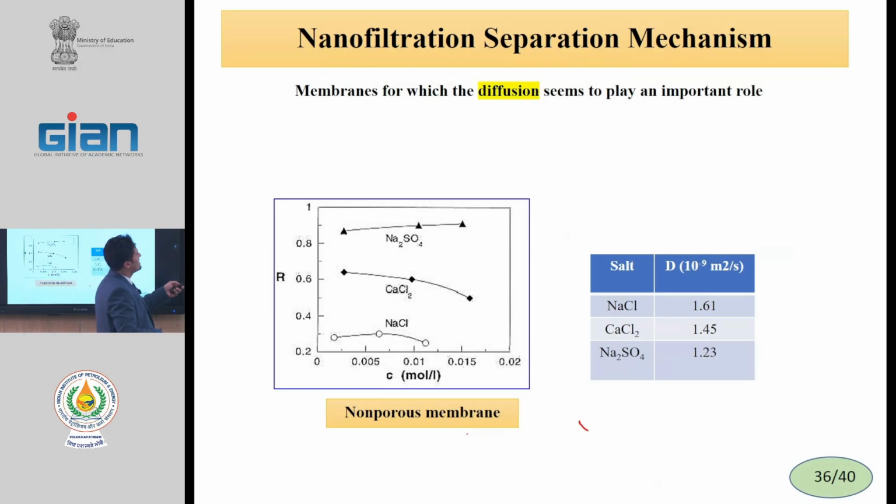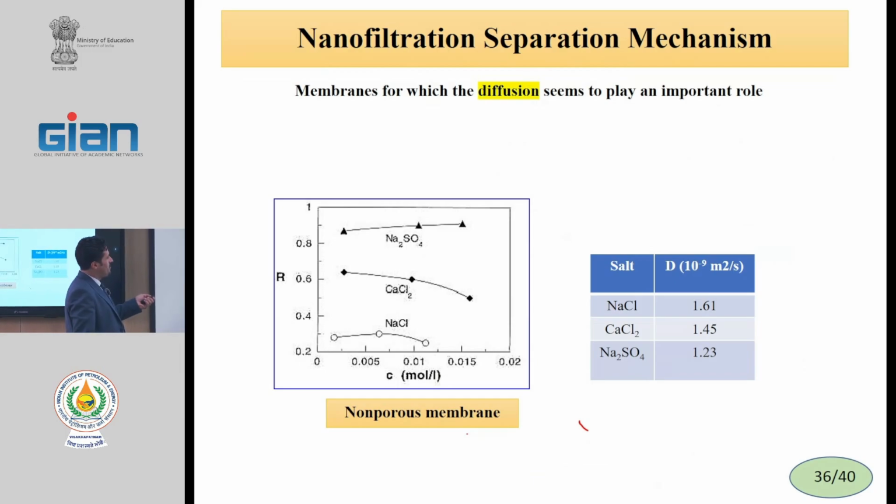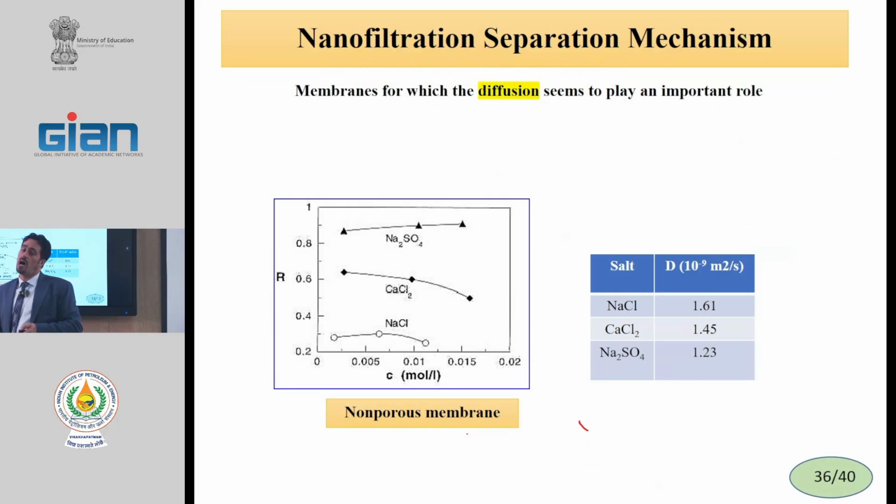In this case, the rejection you see in the previous slide, calcium is at the bottom of NaCl. In this case, the diffusion rate is important, and if the hydrated size of the molecule is low, the rejection will be low.